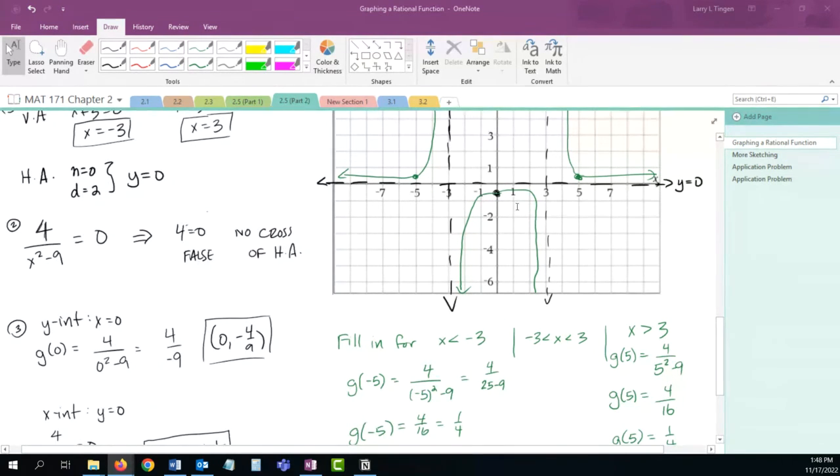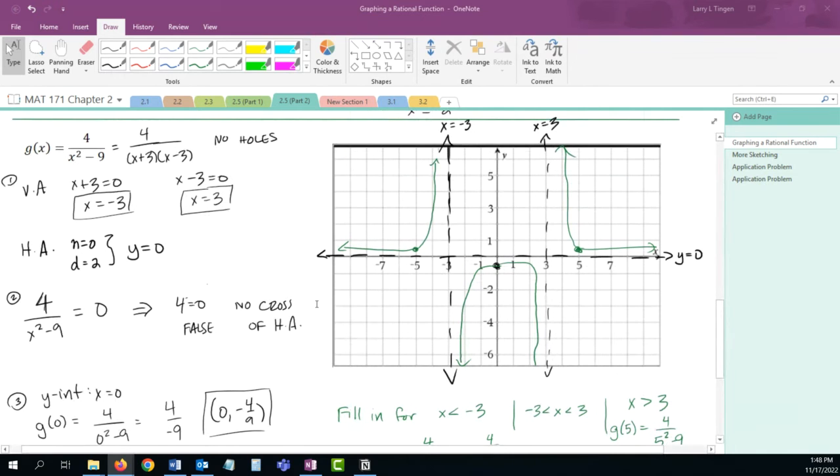I know how to find any place that I cross the horizontal asymptote. I know how to find intercepts. And then I know how to find points when I don't have enough information to finish my drawing. Okay? And again, that obviously is not a function because it doesn't pass the vertical line test, but that's just the idea of the sketch here.